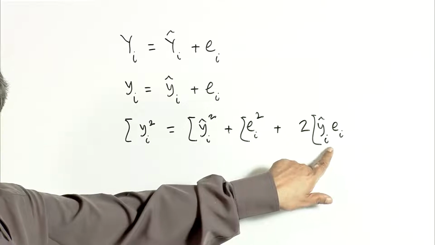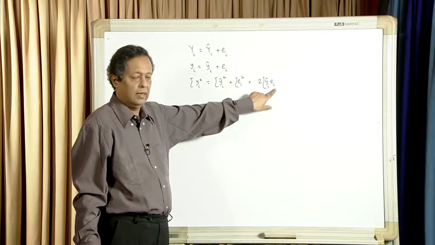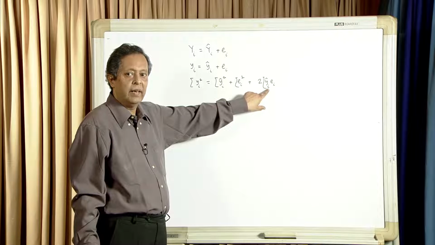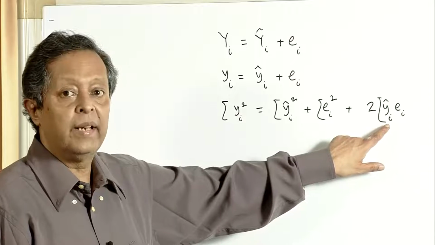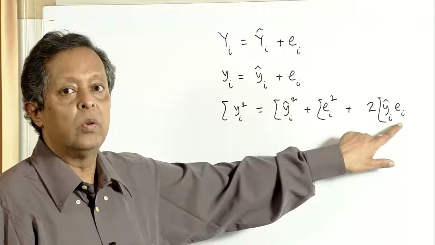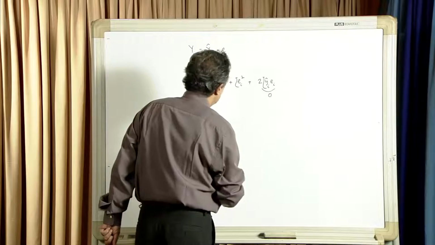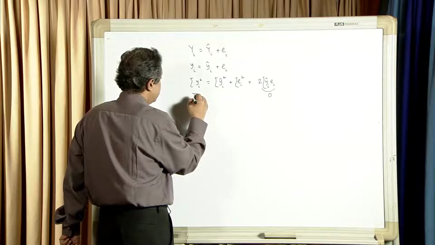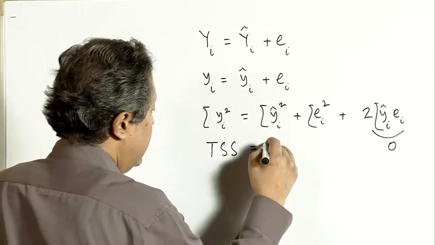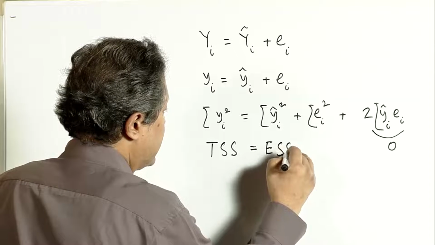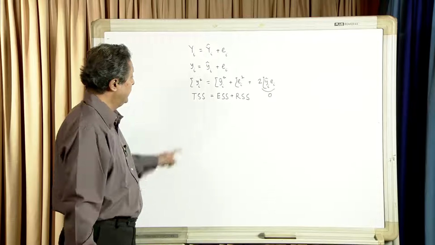Note that this is the covariance between estimated values and the error, and this estimated y depends on x's, but from the normal equations the covariance between error and x is equal to 0, and therefore, this term is equal to 0. Hence, we write the resulting equation as total sum of squares is equal to explained sum of squares plus residual sum of squares.